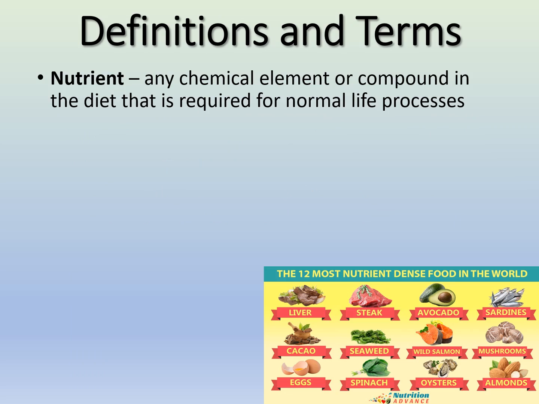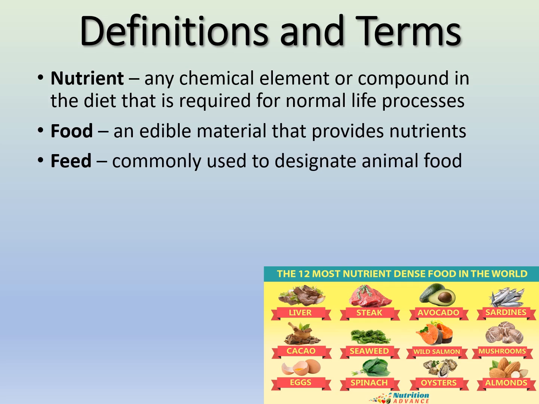So first, let's go through a couple of definitions and terms. So what is a nutrient, right? This is a chemical element or compound that is in a diet or a feed that is required for normal life processes. So that's what we're going to focus on, those essential nutrients. And then what's the difference between food and feed, right? Food is an edible material that provides those nutrients.